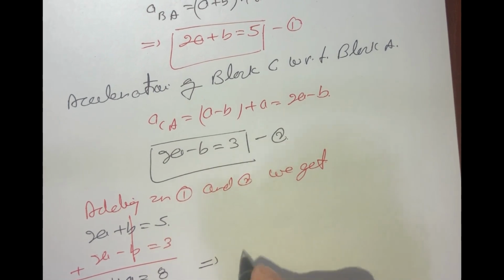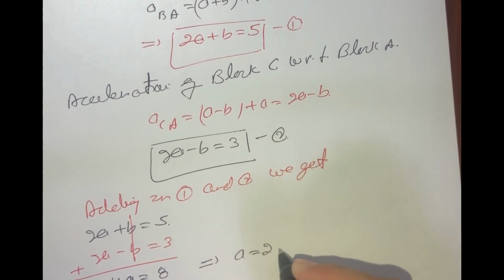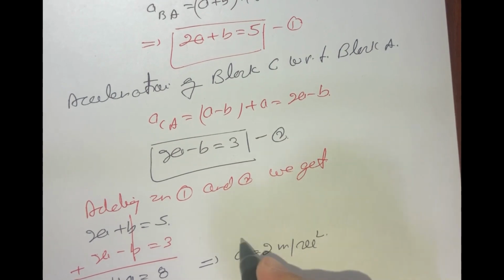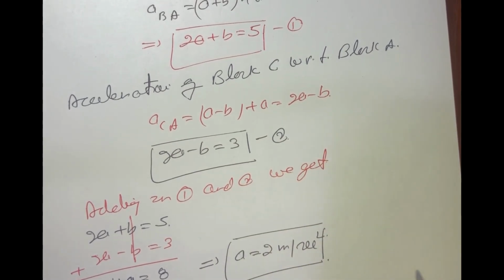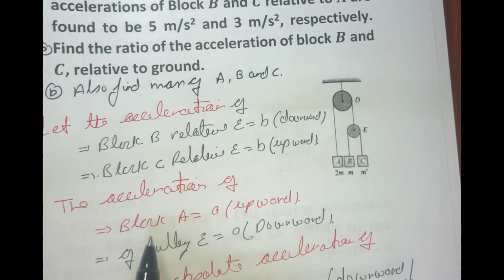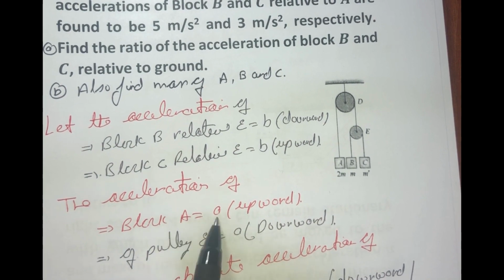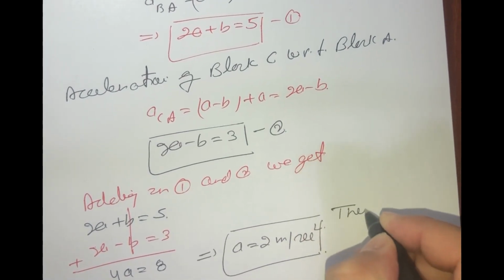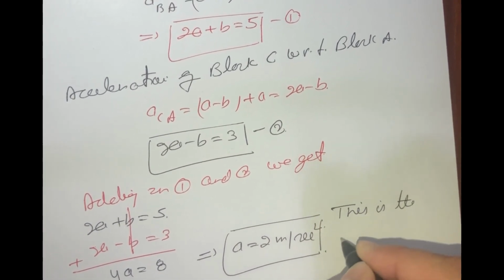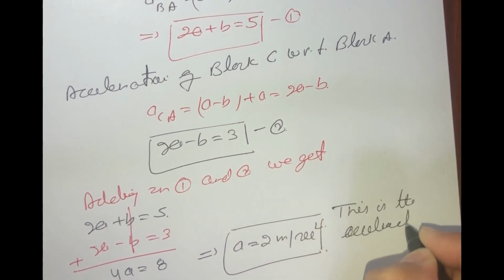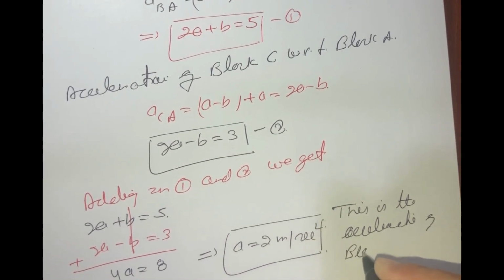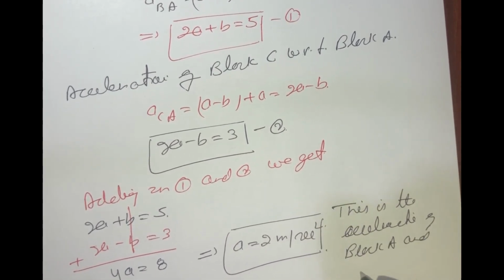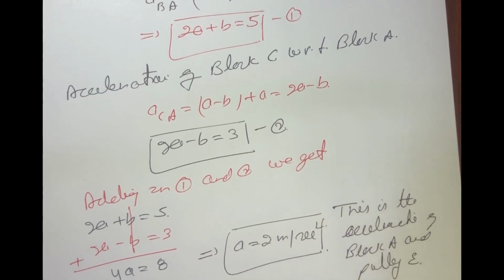From here we can say that a is equal to 2 meter per second square. So we found out the acceleration of block A and pulley E.